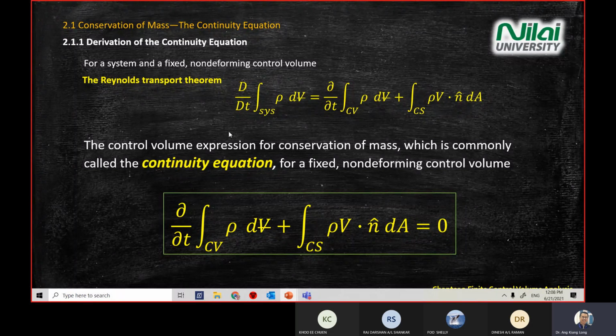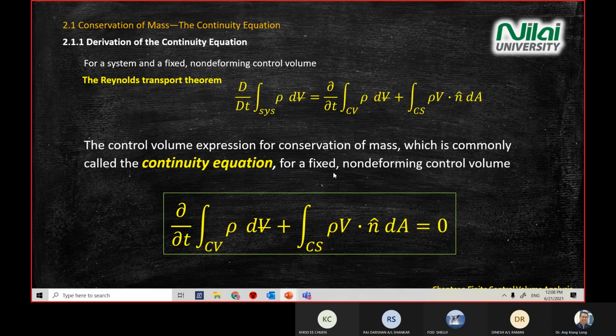When you consider the continuity equation for a non-deforming control volume, up to today we were still studying non-deforming, fixed control volumes. Next lecture, we're going to look at deforming or changing control volumes.